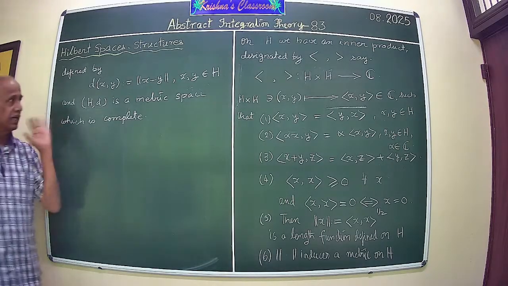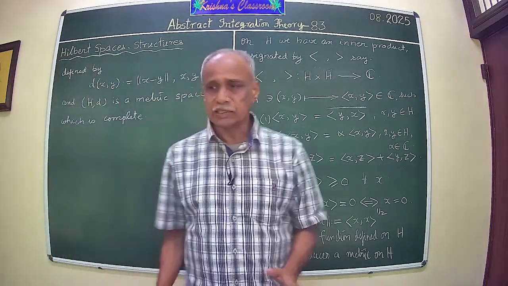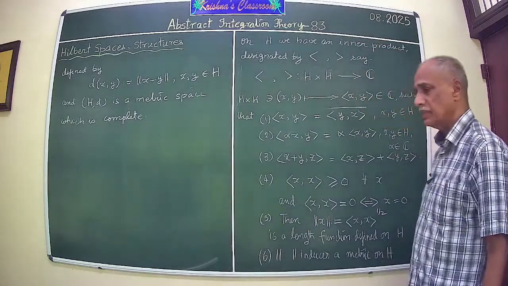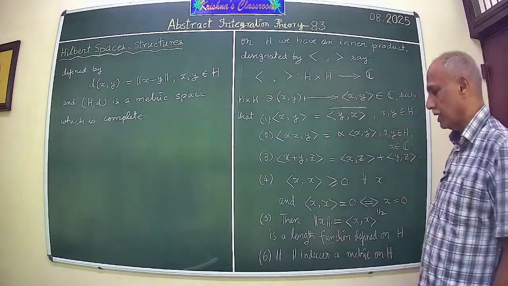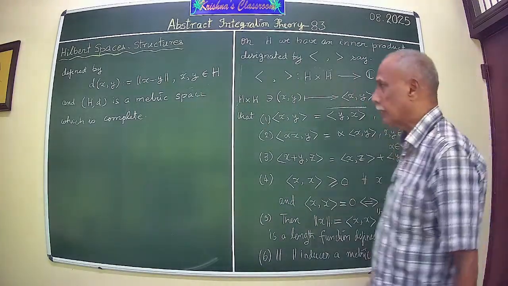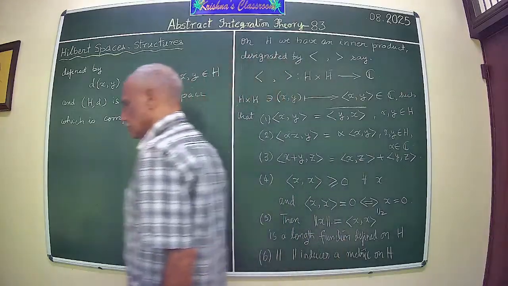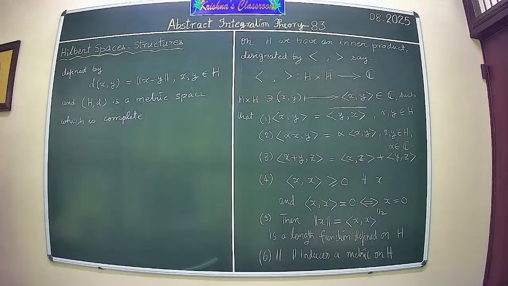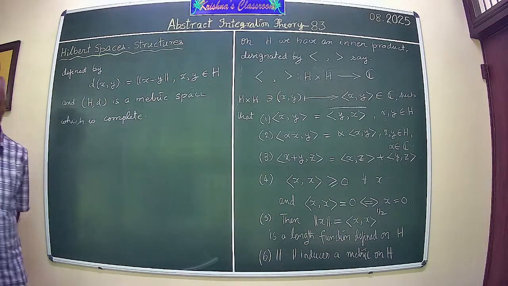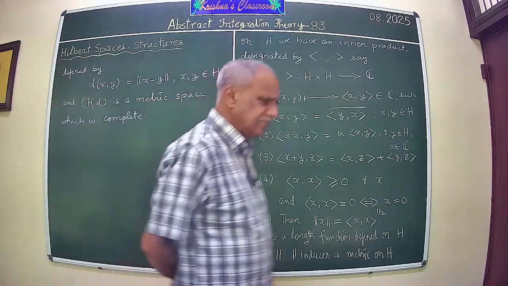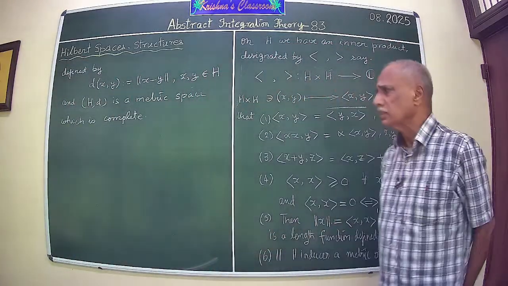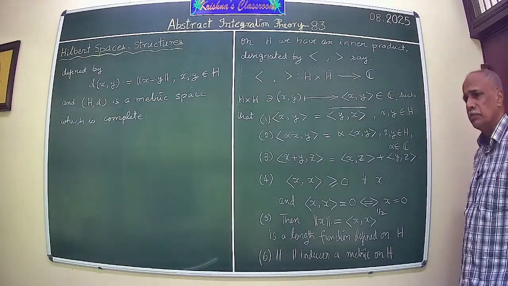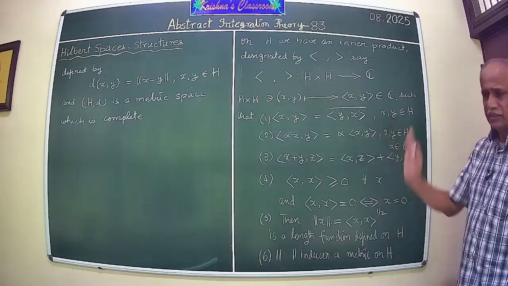Then you call it a Hilbert space. Suppose the last property is missing, that means all these things are there except the completeness. Then you call it just an inner product space. So an inner product space is also a metric space, and sometimes it may not be complete, as you have already seen in examples.